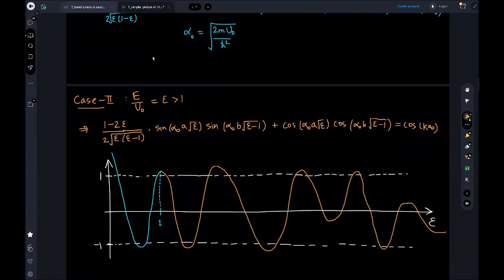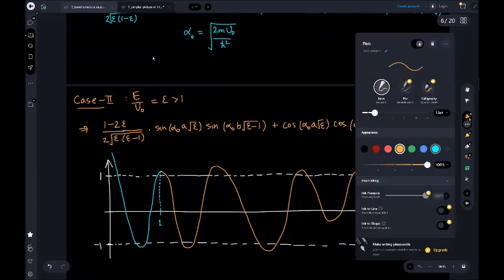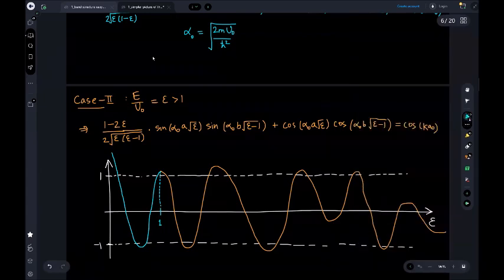So next, what we are going to do. I want you to consider this region. Remember that for us to have a solution, the solution should lie between -1 and 1.